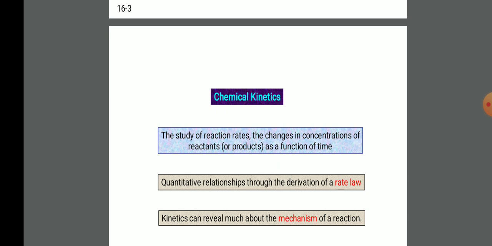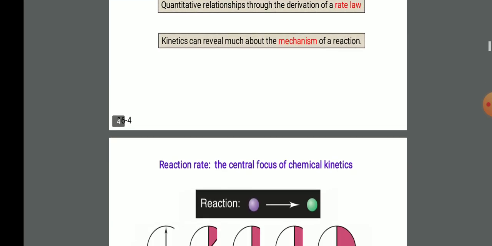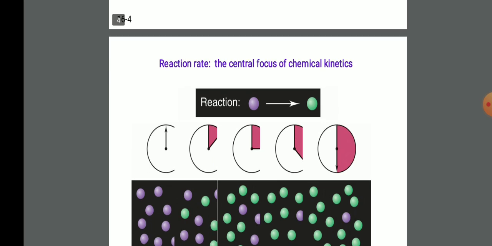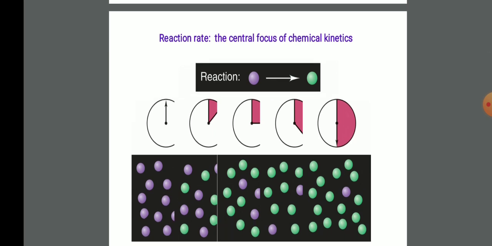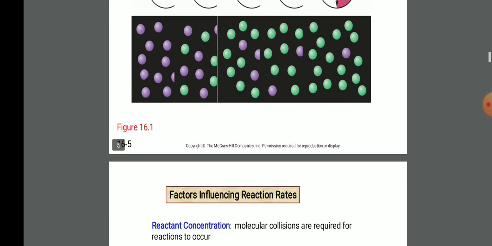First, a quantitative relationship through the derivation of the rate law, and second, kinetics can reveal much about the mechanism of a reaction. Next is the reaction rate, the central focus of chemical kinetics. Let us see the first reaction: the reactant gives the product, shown diagrammatically.